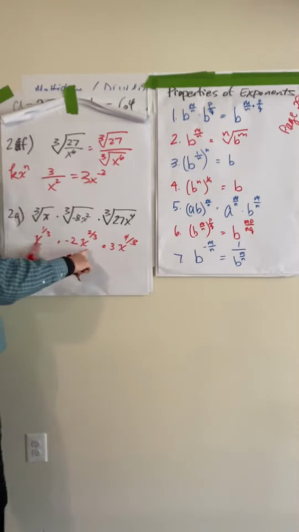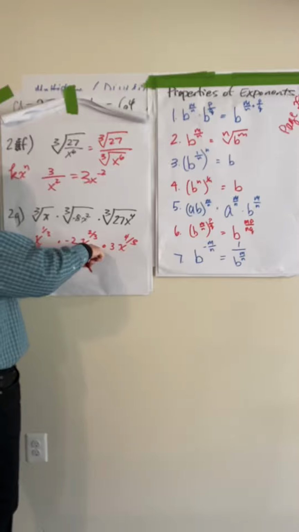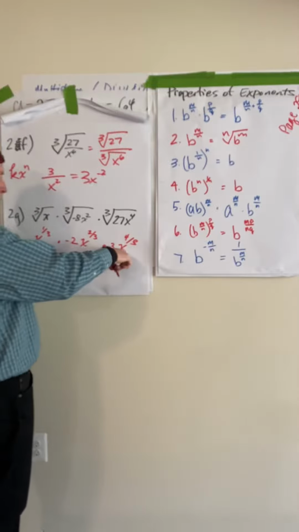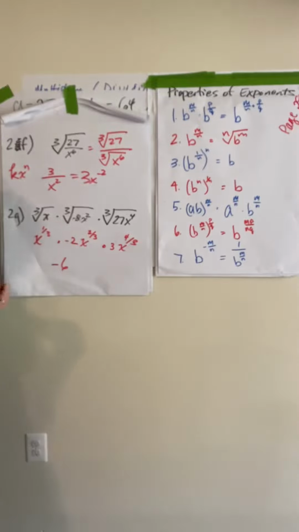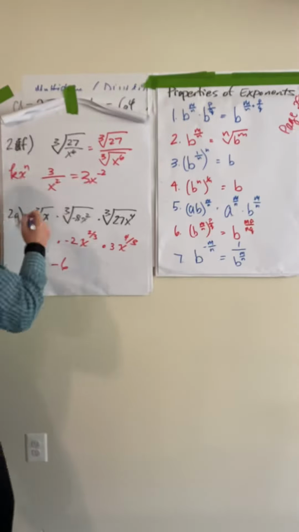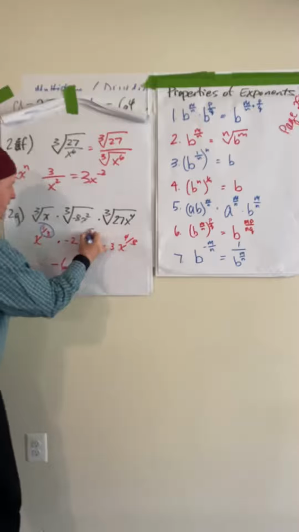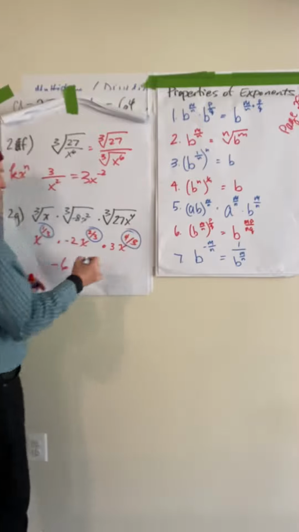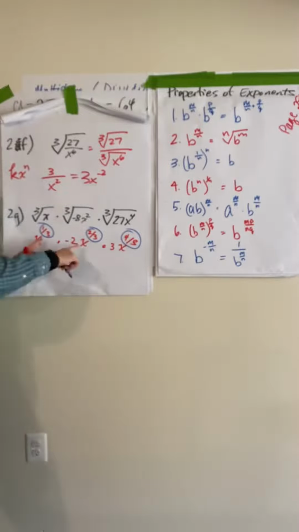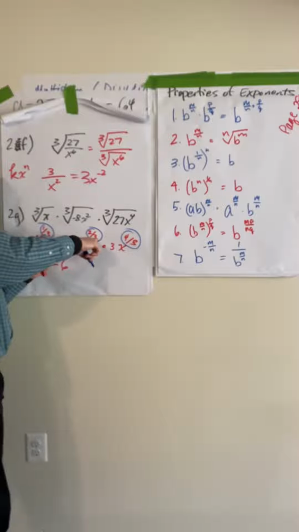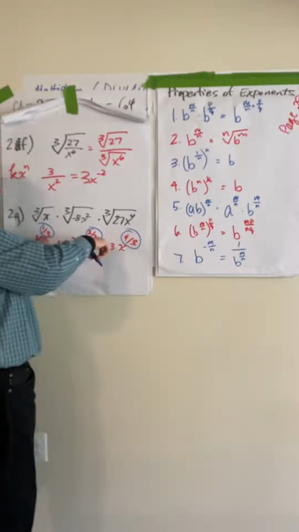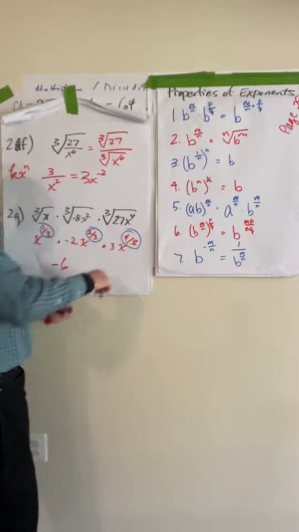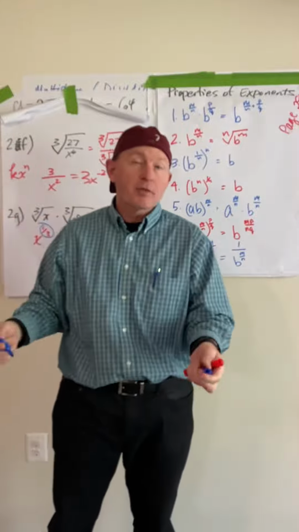And now x to the 1/3 times x to the 2/3 times x to the 4/3. We actually, believe it or not, have to add that exponent plus that exponent plus that exponent. And if we add those exponents, 1/3 plus 2/3 is 1. And then 1 plus 4/3.